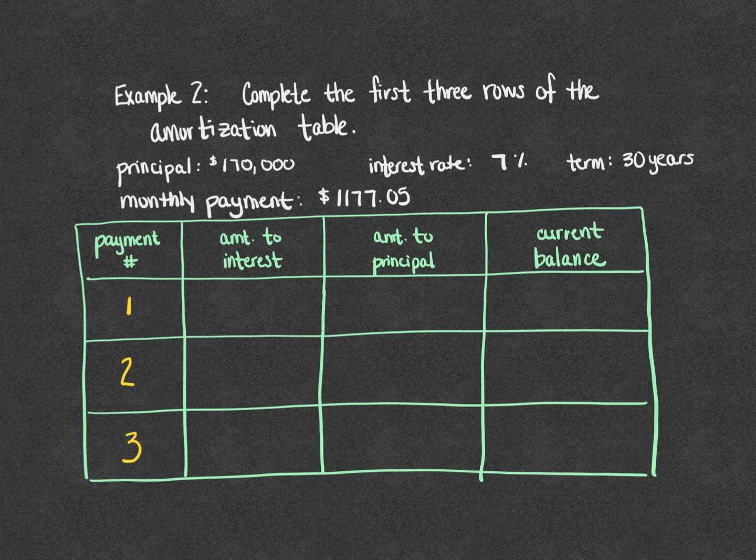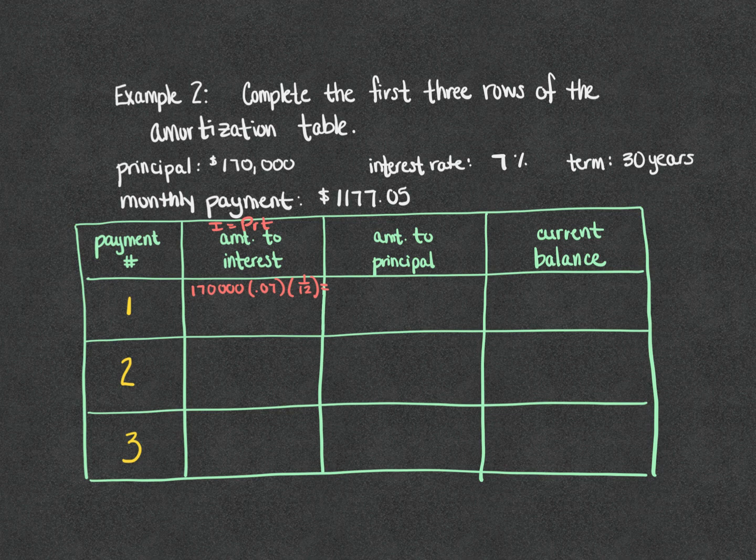And again, using that information, I calculated the monthly payment to be $1,177.05. So again, for the amount that goes toward interest, we're going to use interest is the principal times the rate times the time. In this case, the principal is $170,000. The interest rate is 7%. And again, this payment represents 1/12, one month out of the year.